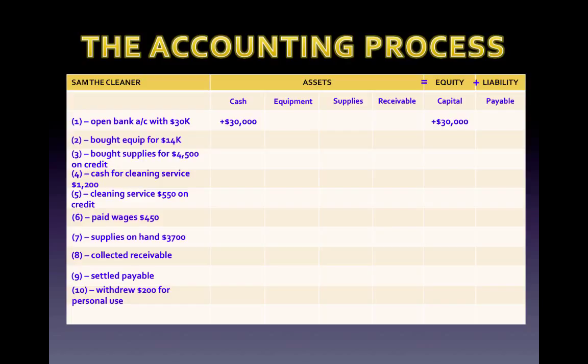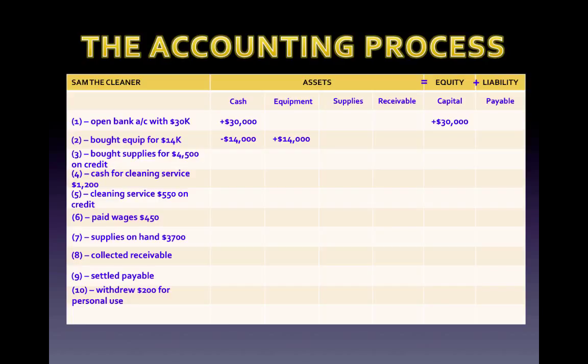The second transaction is Sam used the cash to buy equipment. So when he buys the equipment, he would increase the equipment. He didn't have any equipment earlier. Now he has $14,000 worth of equipment. What did he use to buy the equipment? He used up $14,000 of the cash.